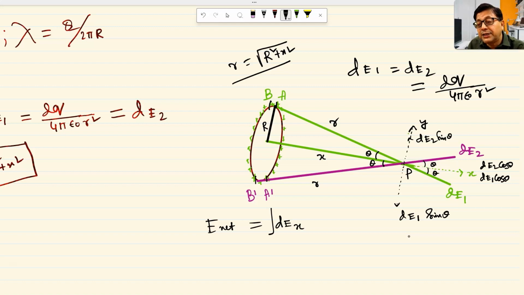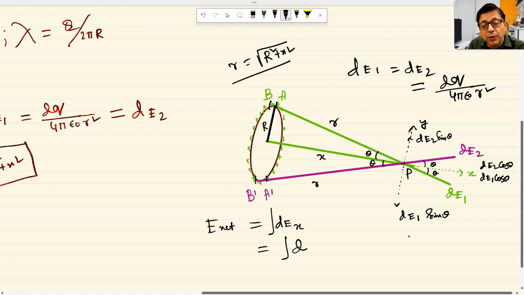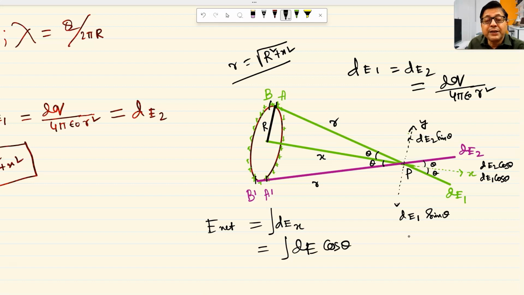So E net is integration of dEx, and that is integration of dE cos theta. Okay. What will be the limit of integration? You are integrating over the whole thing, that whole charge will come into effect.